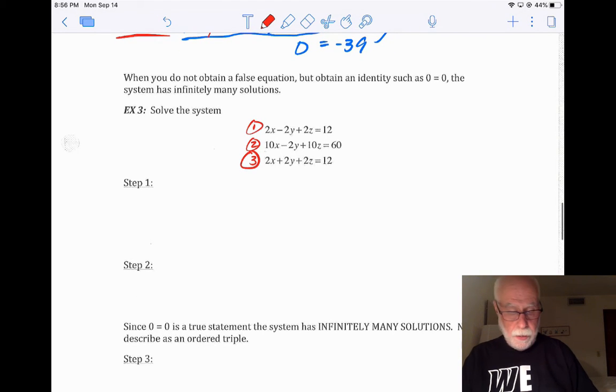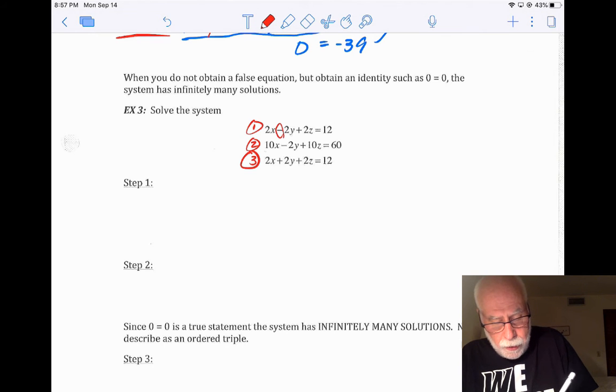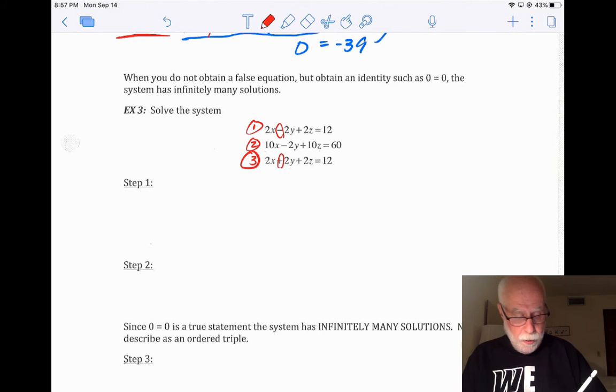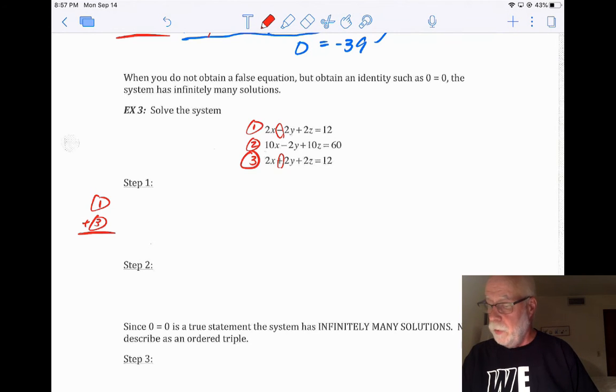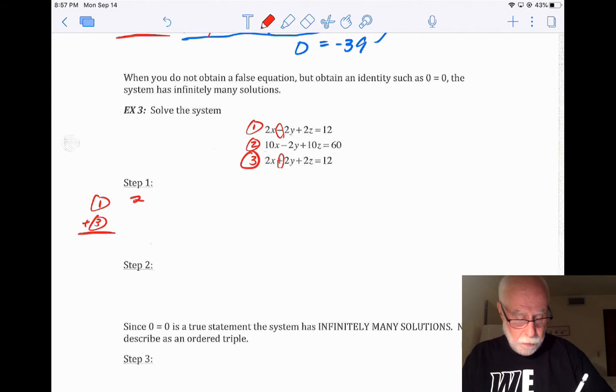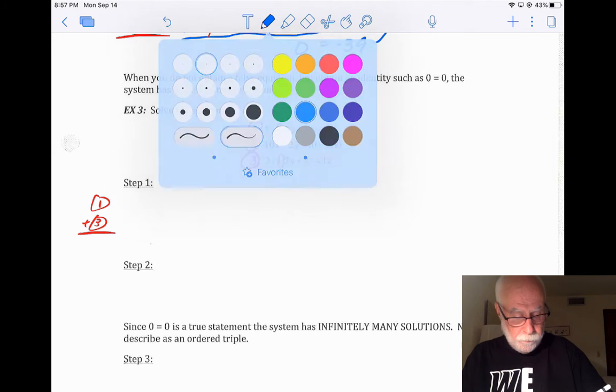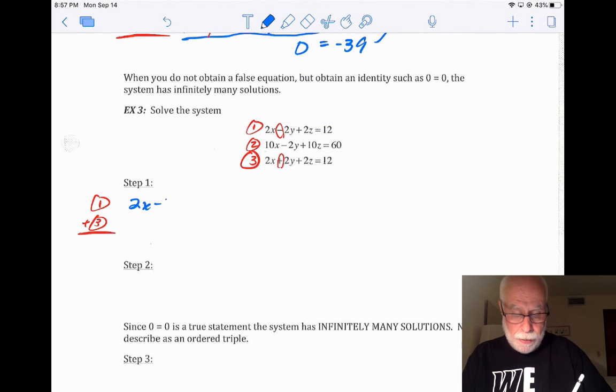All right, and again, I'm going to look at it. I have minus 2y here, I have minus 2y here, but I have a plus 2y here. So I'm going to take 1 plus 3, and then 2 plus 3. To do that, I'm going to have 2x minus 2y plus 2z is equal to 12.